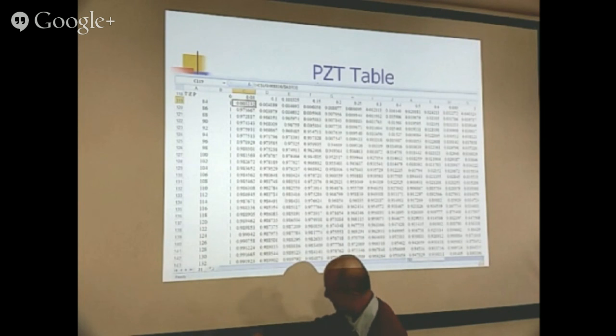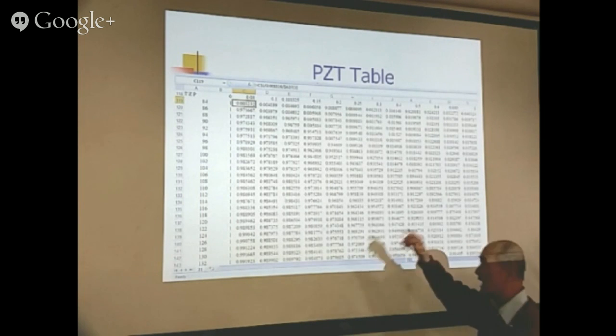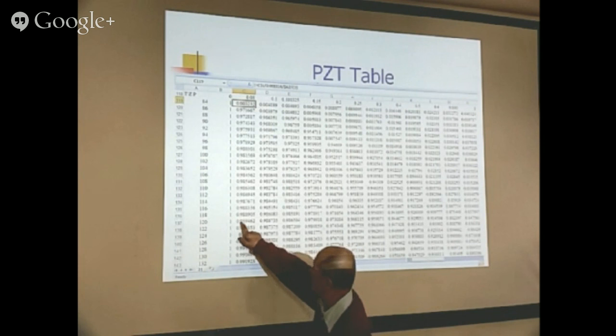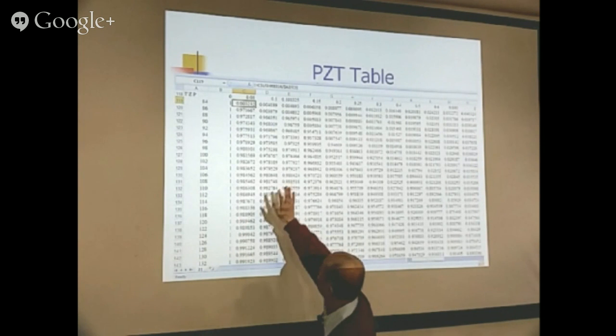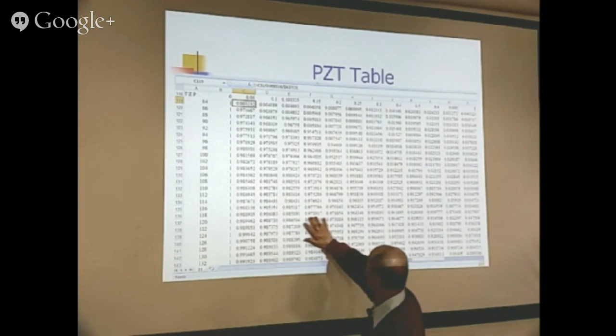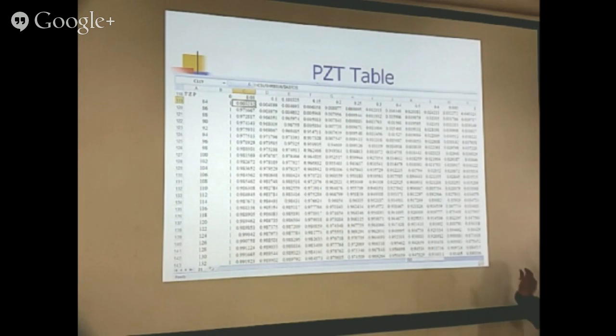And if you drag this one over to the right, you cover the entire table, and it fills up the entire table with the compressibility data. Notice that the compressibility is very close to 1 at the lower pressure, higher temperature range, and it gradually gets smaller and smaller to the right. Any question?